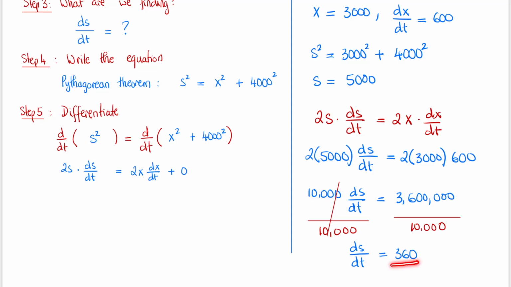That is positive 360. That means the distance between the man and the airplane is increasing at the rate of 360 feet per second.